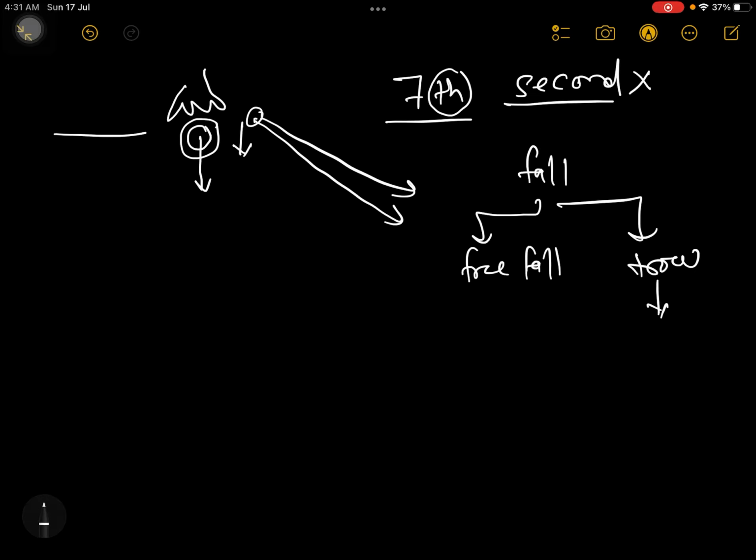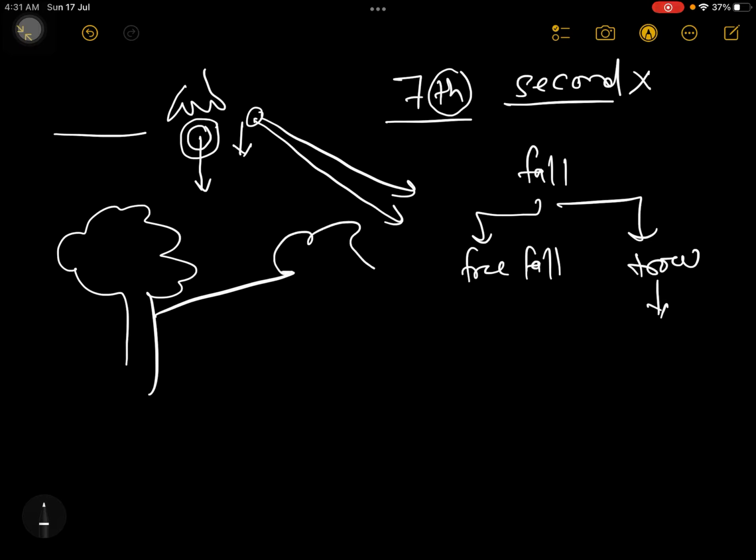Free fall means suppose there is a tree and someone is hanging on a branch, and suddenly the branch breaks, so this person will fall under free fall. Someone is not throwing him, someone is not applying force on him, he is falling naturally. That is the meaning of free fall.